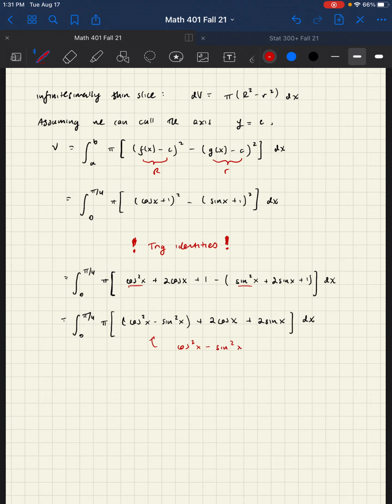And we know, or we can verify very quickly, that cosine squared x minus sine squared x is the same as cosine of 2x. So this will simplify nicely to the integral from 0 to pi over 4 of pi times (cosine 2x plus 2 cosine x plus 2 sine x) dx.